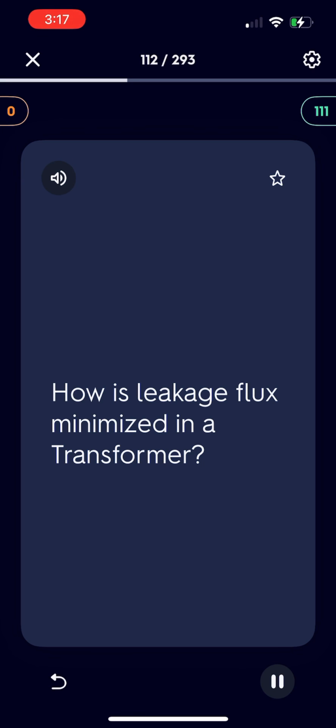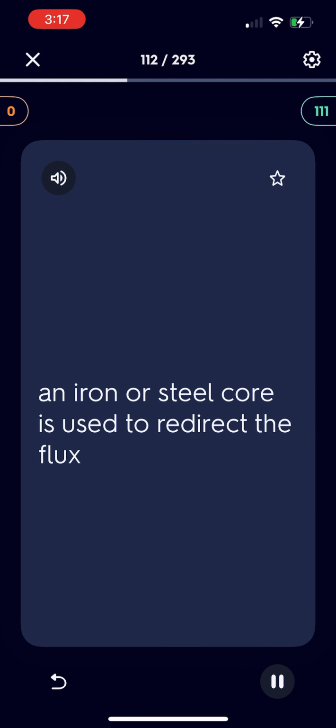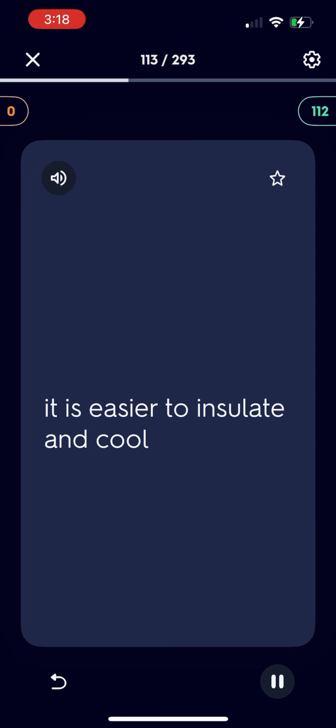How is leakage flux minimized in a transformer? An iron or steel core is used to redirect the flux. Why is core design used for high voltage transformers? It is easier to insulate and cool.